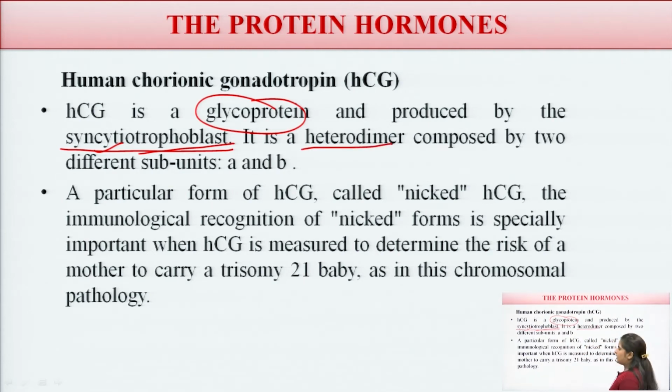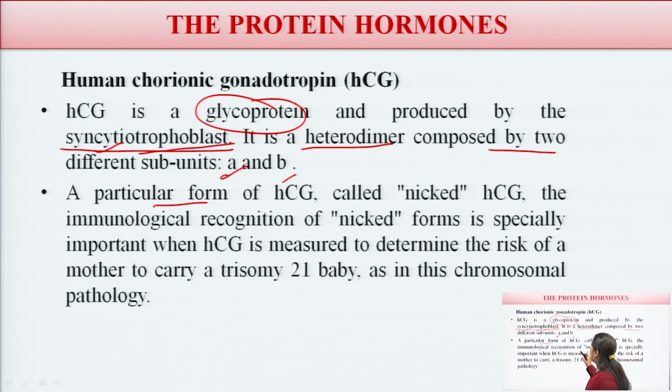It is again a heterodimer, composed of two subunits, A and B, as LH and FSH are both heterodimers.